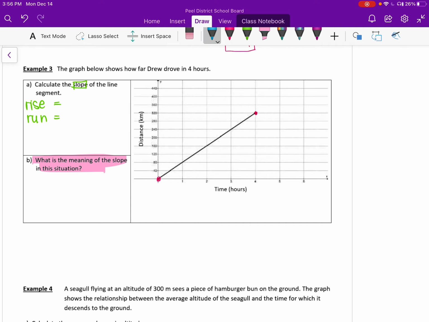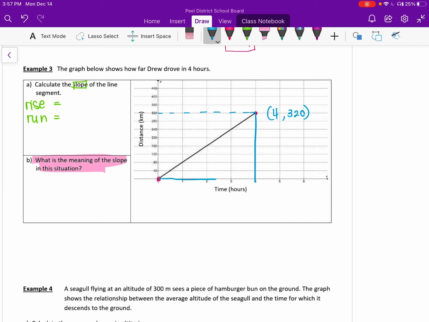So I'm going to go here and I'm going to say, all right, this point over here is 320, y. And this point over here is at 4. So x is 4, right?